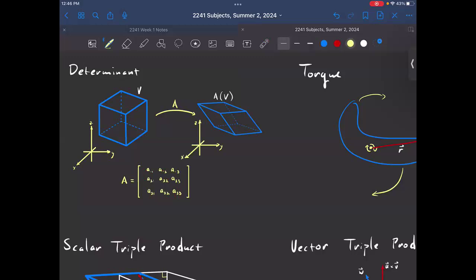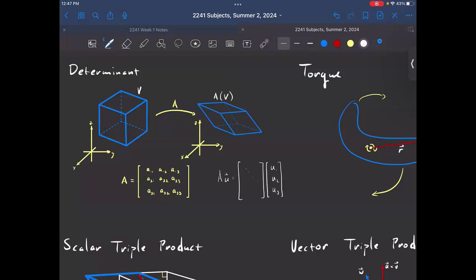And the idea here is that we can write vectors like v, or let's use u since that's what we've been doing, as matrices. So you've got A, this big matrix here, and you've got u, which we can write as a column matrix.